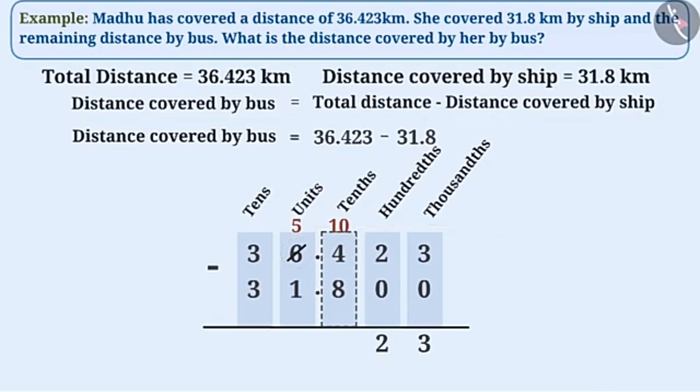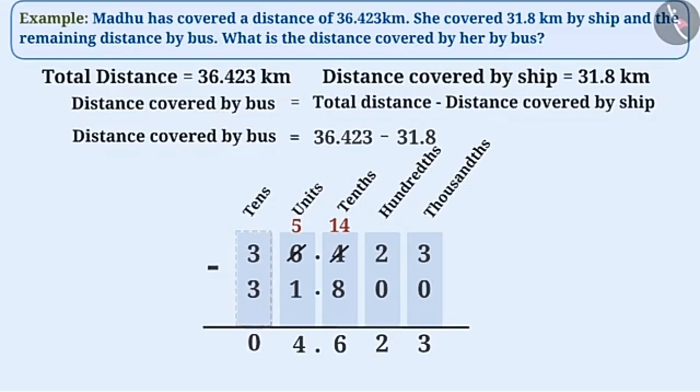Now, if we subtract 8 from 14, we get 6 as the result. By subtracting the digits at a unit place, we get 4 as the result. Similarly, by subtracting the digits at the tens place, we get 0 as the result.